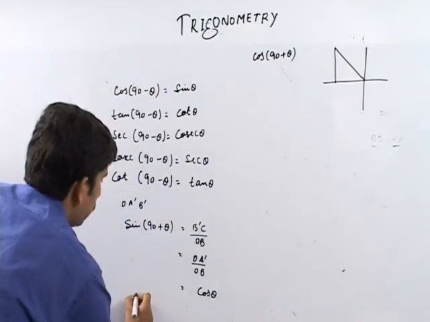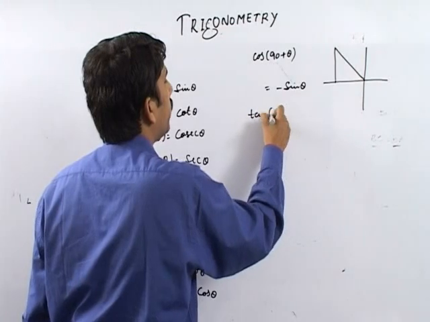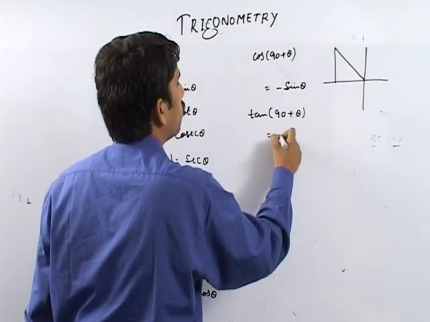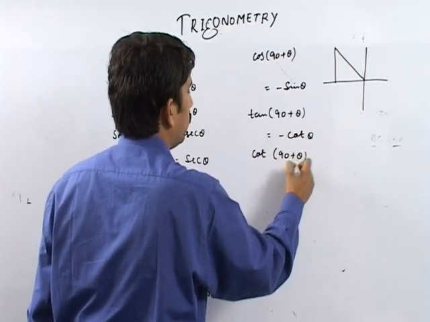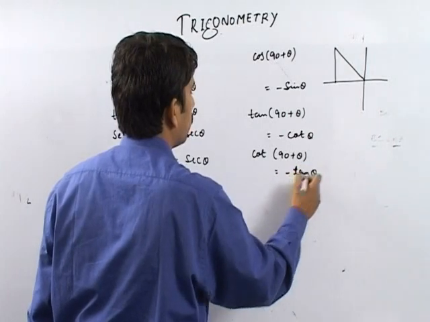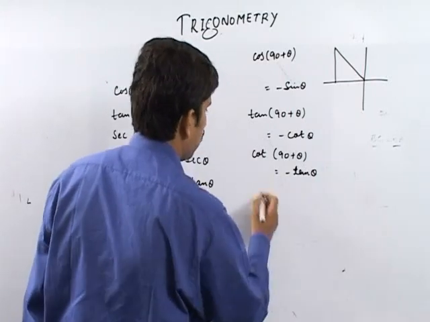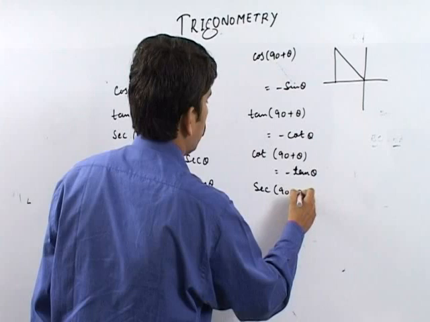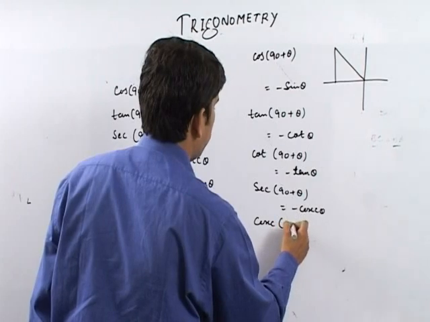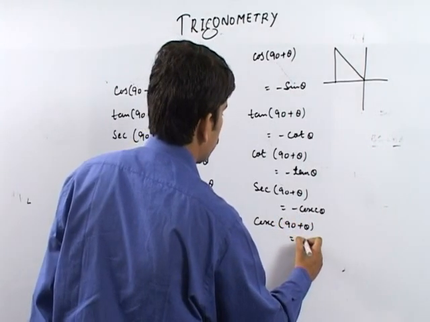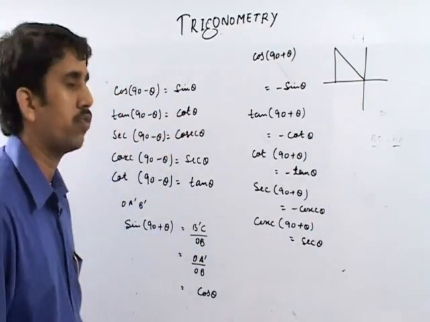Similarly, cos of 90 plus theta will be equal to minus sine theta, tan of 90 plus theta equal to minus cot theta, cot of 90 plus theta will be equal to minus tan theta, secant of 90 plus theta will be equal to minus cosecant theta, and cosecant of 90 plus theta is equal to secant theta, since sine and cosecant are positive in the second quadrant.